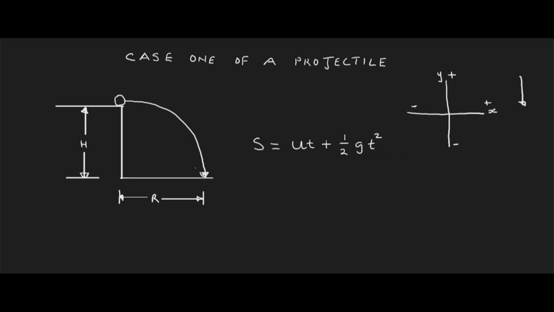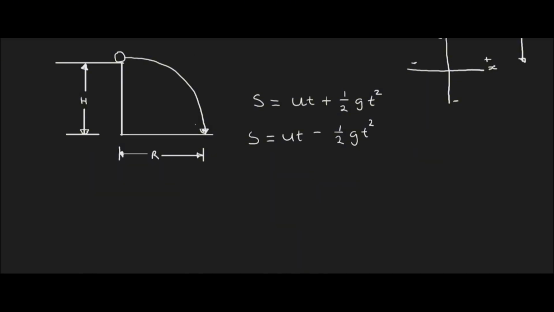So we have x equal to ut minus half gt square, and also this x simply means distance traveled, but in this case we want to represent this x with h.